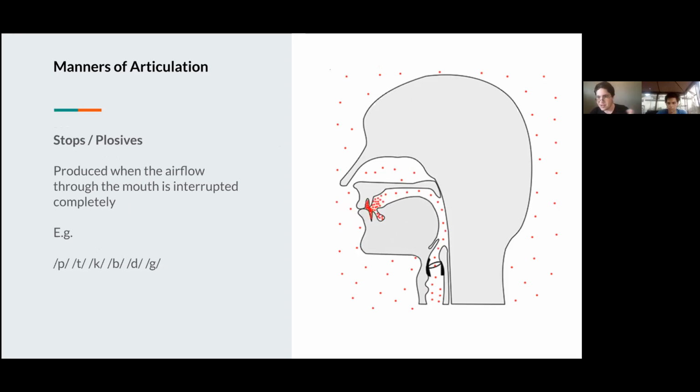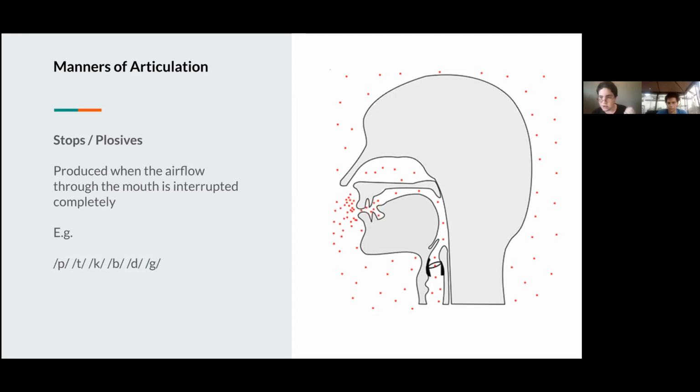I have a neat GIF, however you choose to pronounce it. If you pronounce the following sounds, p, t, k, b, d, g, these are all stops or plosives. When you pronounce these sounds, you have an obstruction in your mouth. You're gathering up air in your mouth and then releasing it all at once.